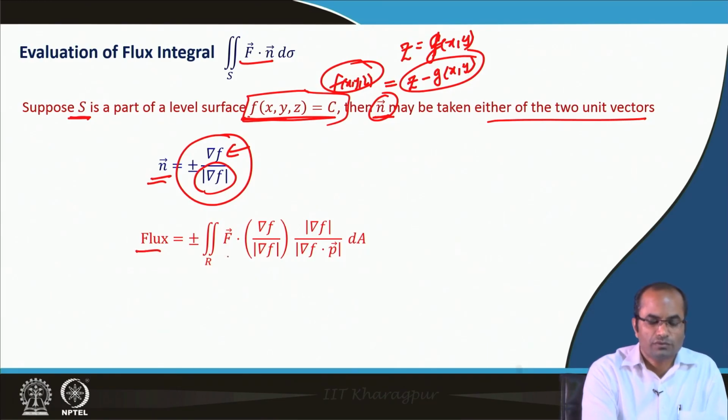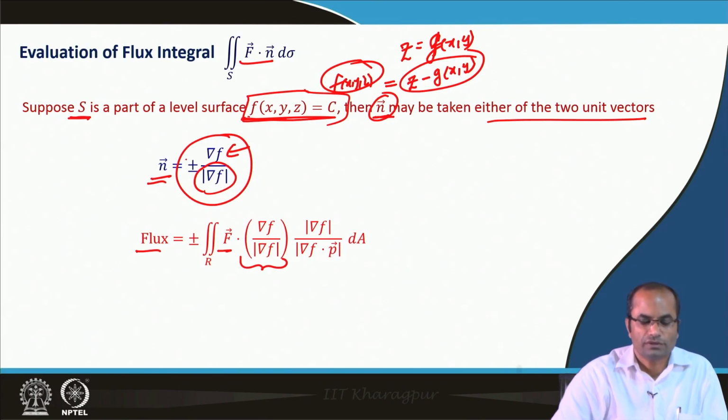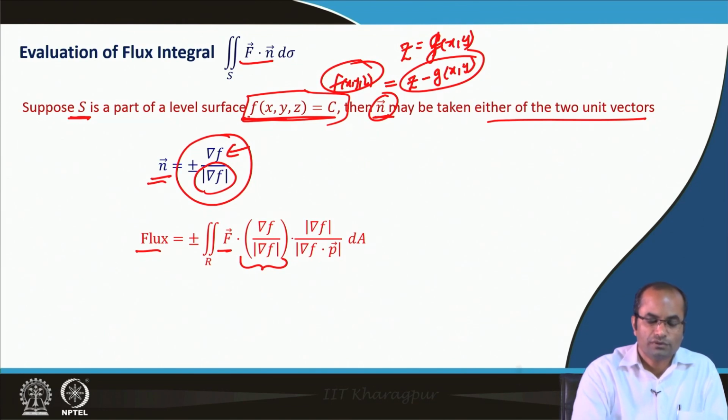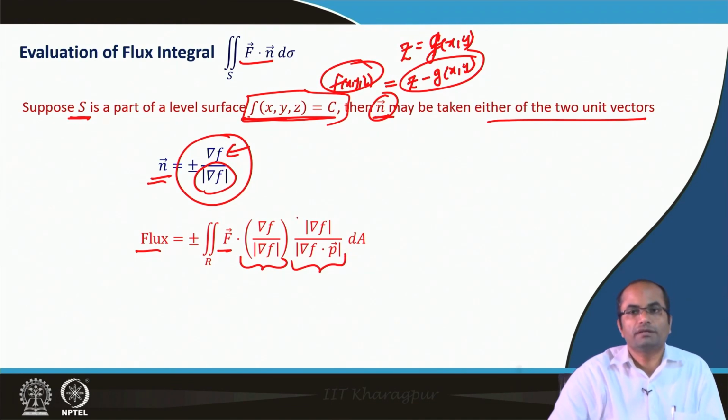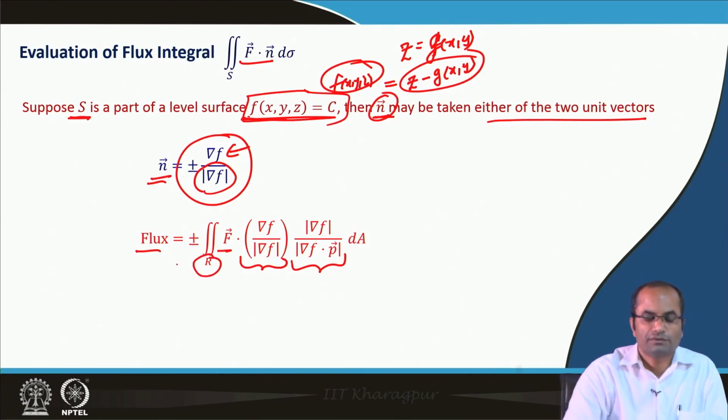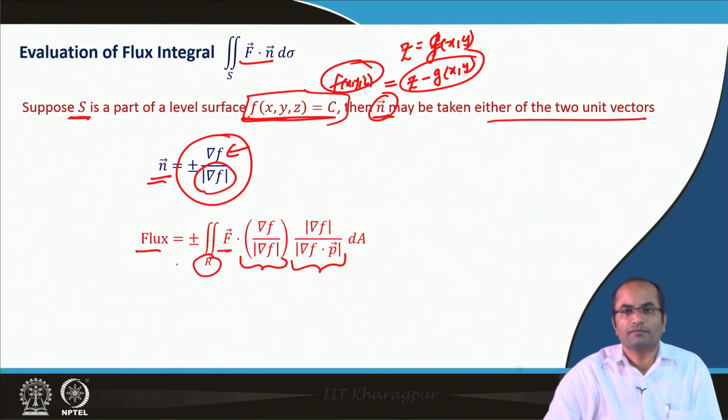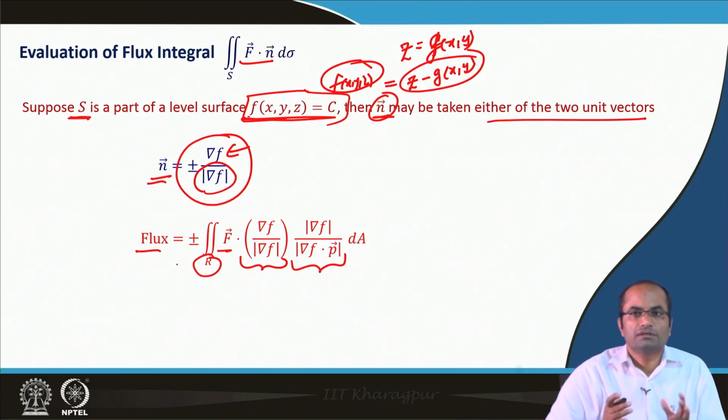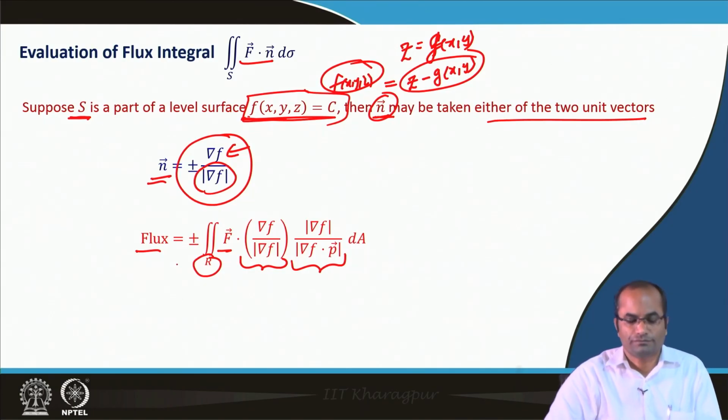And the flux now, F dot n, where n is given by the gradient of f over its magnitude. This is the factor which we have already discussed, because now we are integrating over the projected area, which is projected onto one of the coordinate planes.